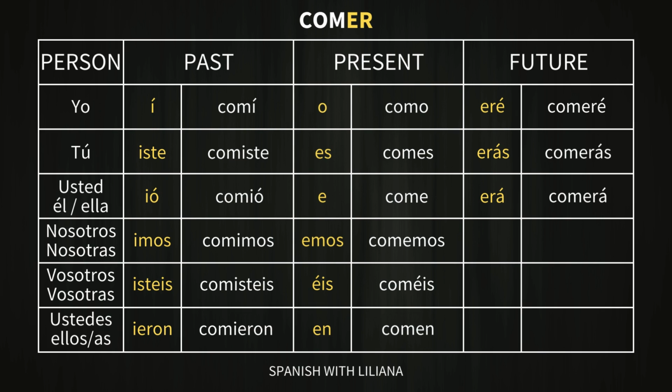Comerá. For nosotros, nosotras, we'll use eremos. Comeremos. For vosotros, vosotras, we'll use eréis, and so the verb becomes comeréis. And for ustedes, ellos, ellas, we'll use erán, and the verb becomes comerán.